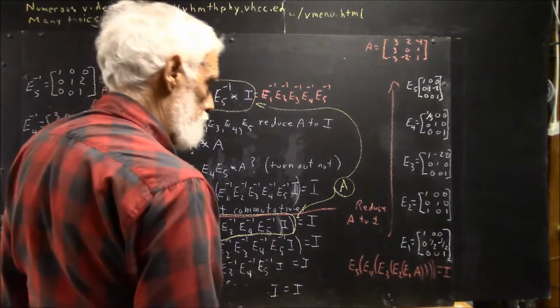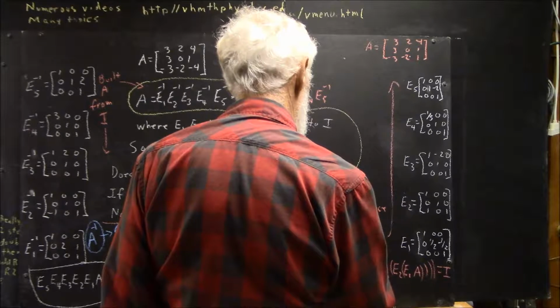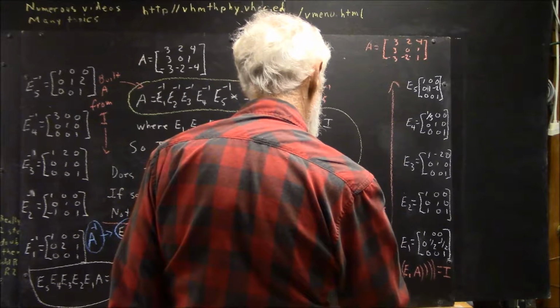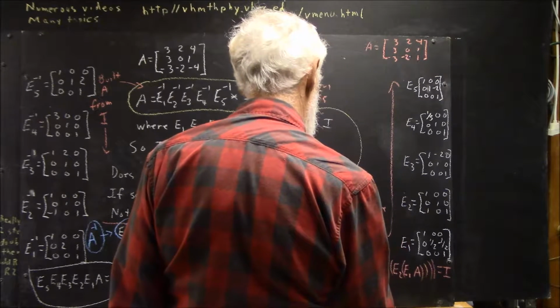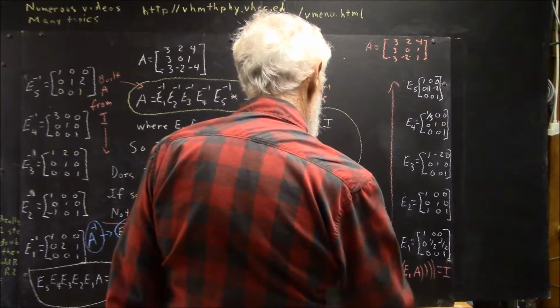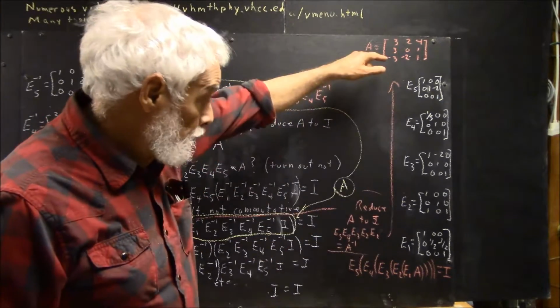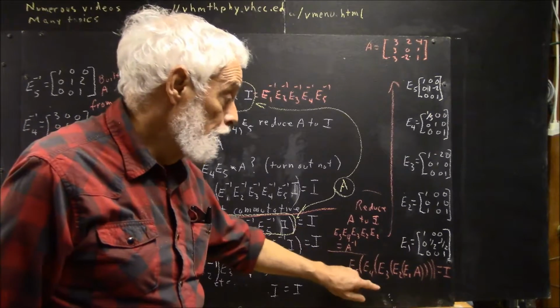And I can say that this product, since this sequence of matrices reduces A to the identity, has to be the inverse of the matrix A.